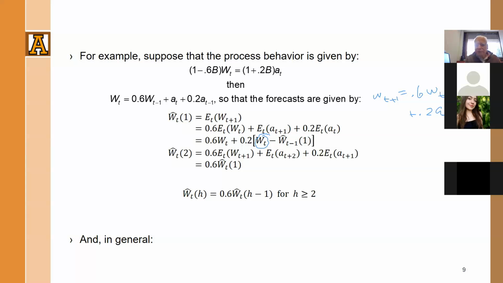This is the optimal forecast when you're standing at time T minus 1. So T is today. It's the optimal forecast that you computed yesterday, one period ahead, for today. That's the forecast error for 1 period ahead. Okay, thank you.